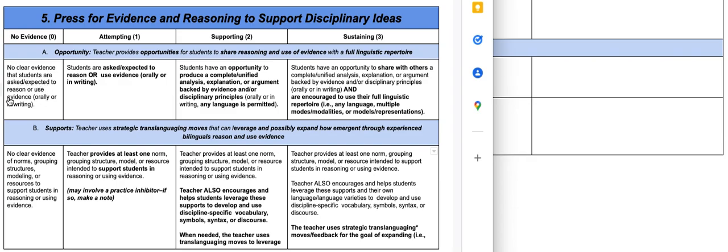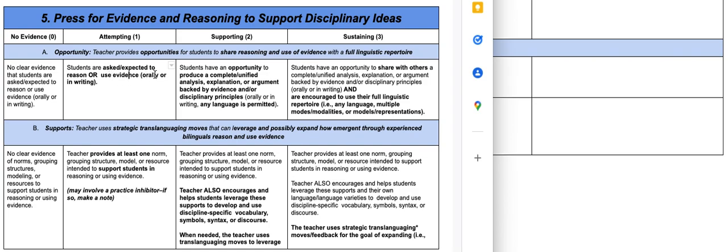So as always, we begin at a 0. And we start by looking for evidence of the attempting level of this practice, that the teacher is trying to use this practice. So this might look like students being asked or expected to reason or use evidence orally or in writing.